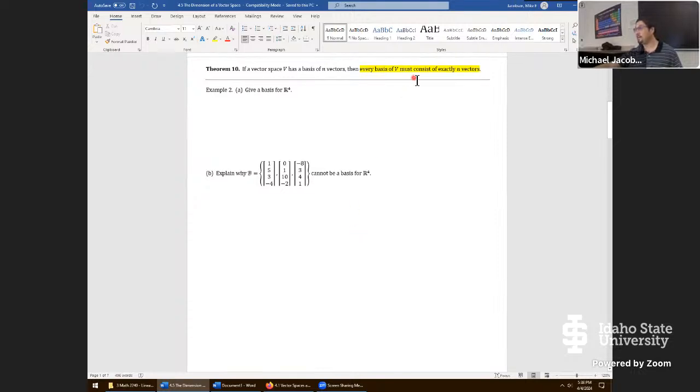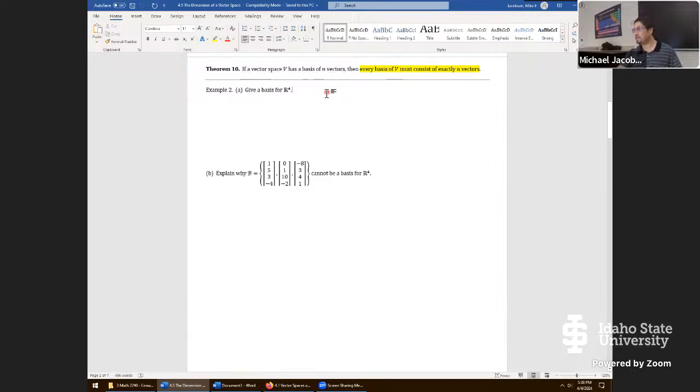Theorem 10 allows you to write dimension as a function, which is truly well defined, as long as you're careful with the fringe cases. It says, if a vector space V has a basis of n vectors, then every single basis of V also has n vectors. So that number is intrinsic somehow to the vector space V itself.